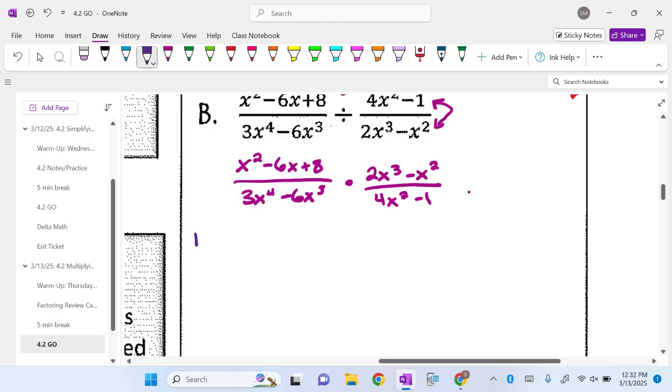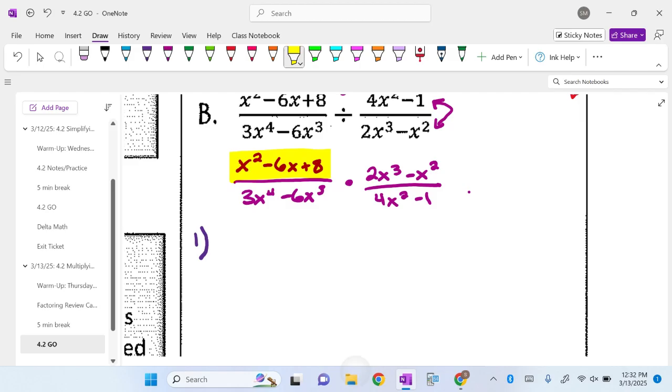We got to just factor. All right. So let's go through this together because this one's actually a little bit of a quicker factor. The first numerator, so this one right here. Remember, we can use the shortcut method. So we really need to only find two factors that multiply to 8 and add to negative 6.